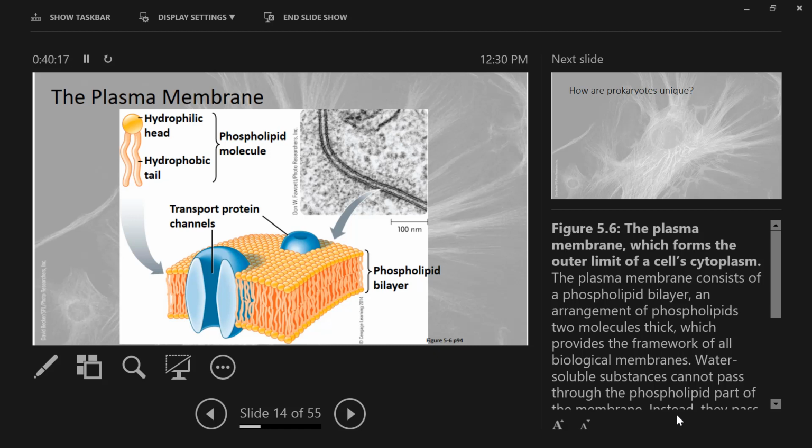So then we've got these channels that it can actually move through. And if you were to look inside at what types of materials are proteins made of? Amino acids. And if you were to look at these amino acids inside, do you think the amino acids would be polar or non-polar, on the inside of this channel? Polar, right?